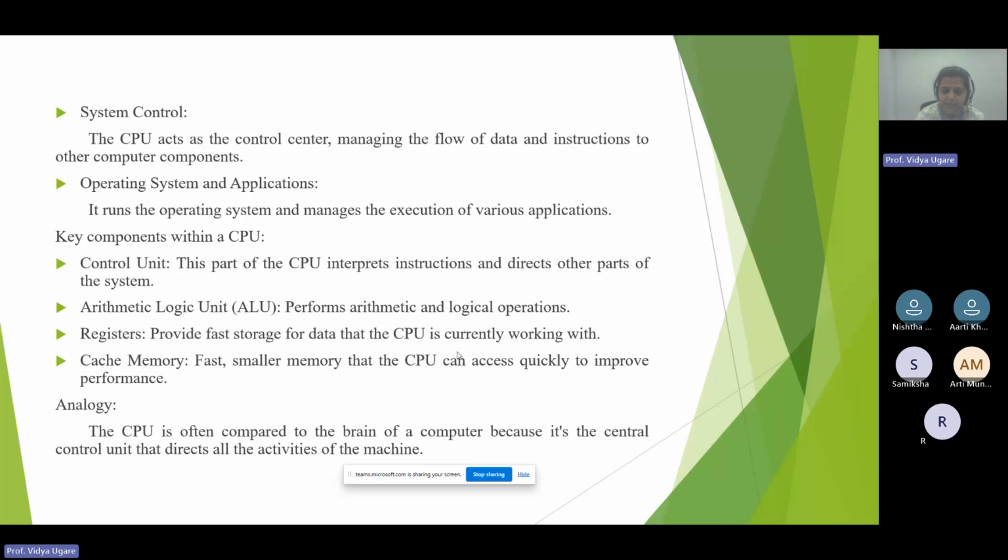Now, why is it required? Yes, it is required. Due to these registers and the cache memory, the CPU performs very much faster than in the olden days, right? So this is what you find inside the CPU. The memory, as I said, is nothing but registers and cache memory.